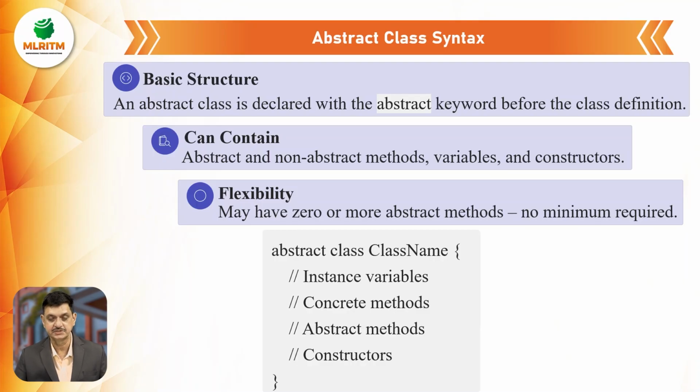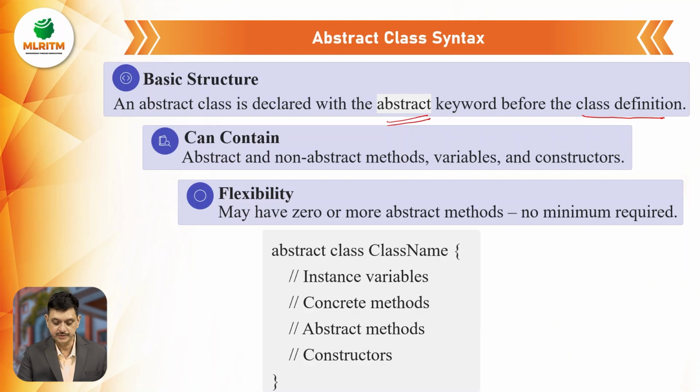So what is the basic structure of an abstract class? The abstract class is declared with the abstract keyword before any class definition. If the abstract keyword is used in the definition of any class, it becomes an abstract class and it cannot be instantiated directly, but it has to be completed by its child classes.